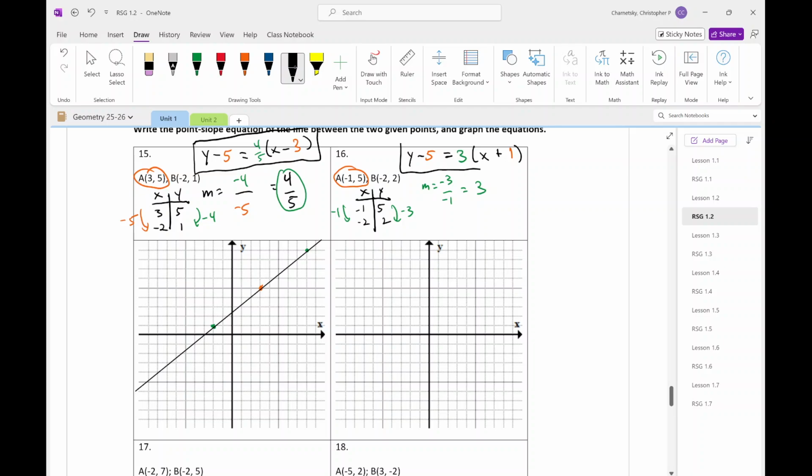Okay. All right, let's graph that. So negative 1, 5 is there. This has a slope of positive 3, so up 3 over 1. There we go.